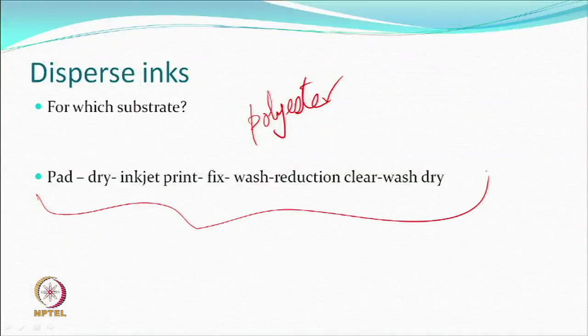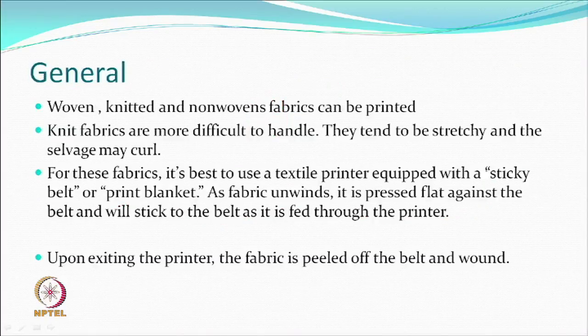Unlike transfer printing, this is a longer process and everything has to be done. But you will still get a good image, a photographic quality image, all those things will be there. So, theoretically all types of fabric, woven, knitted, non-wovens, can be printed. Actually sheets can be printed also.